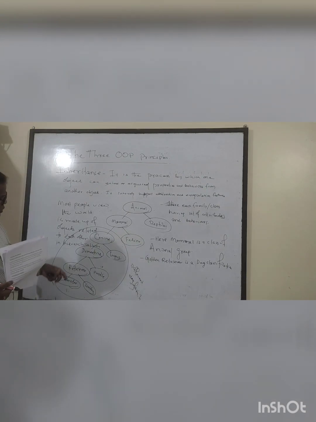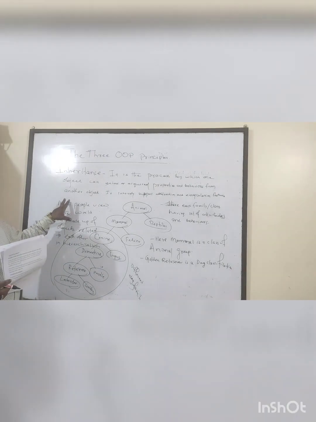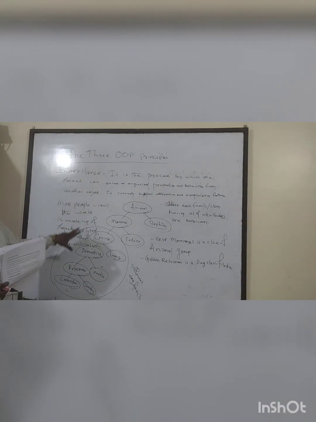All the objects in the real world are in some way related to each other. Each object of mammal type, canine type, domesticus type, retriever type, or golden type is in some way related to other objects. So this concept we have introduced in our application development also.